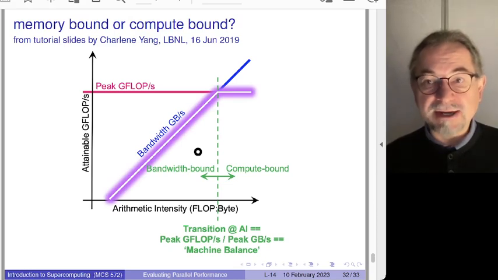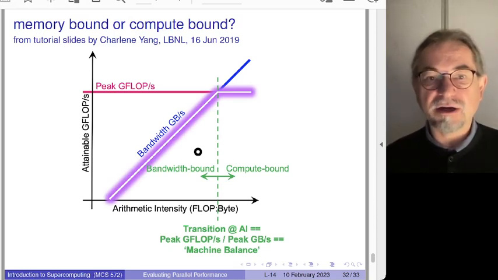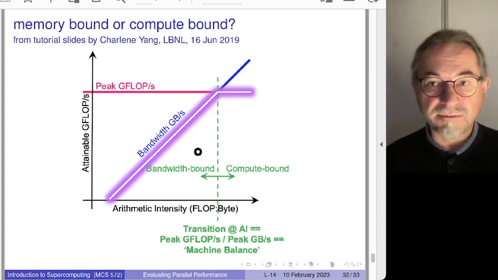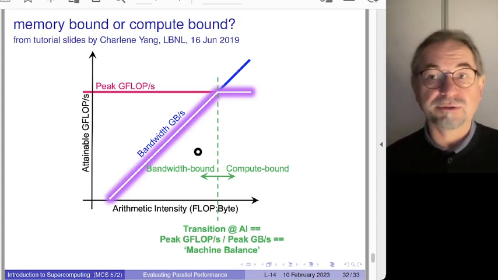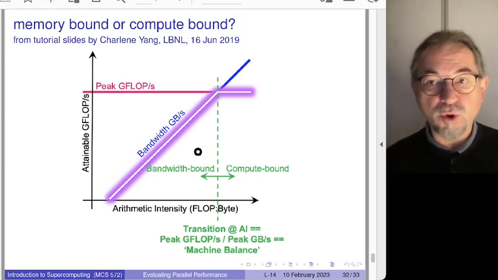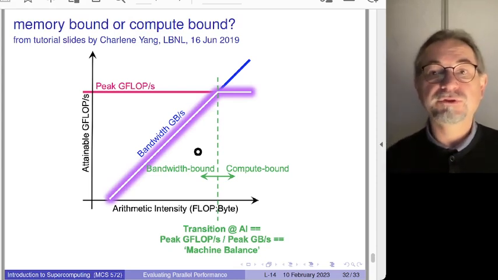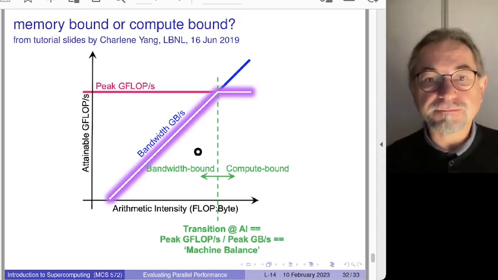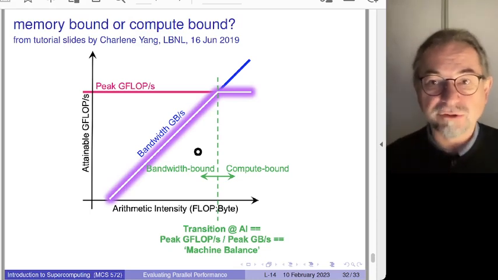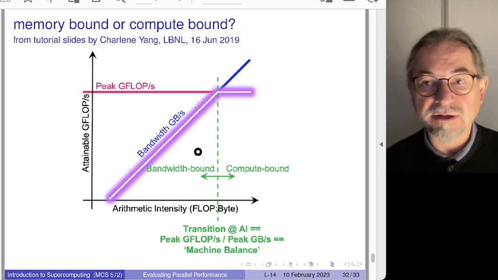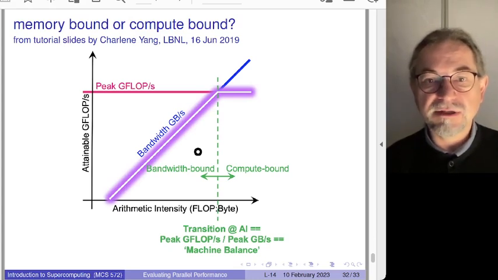This is another way to examine the scalability. So this is one point for one particular problem size, for one particular number of threads. As you increase your problem size, you would hope that your dot moves up and that your dot moves to the right. So the higher the dot, the better you are exploiting the capabilities of your computer.